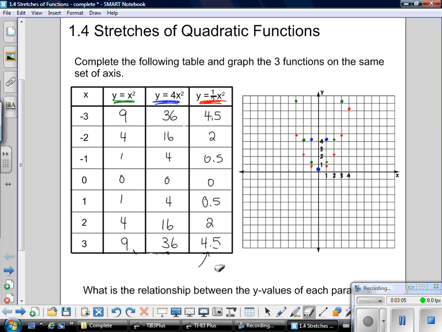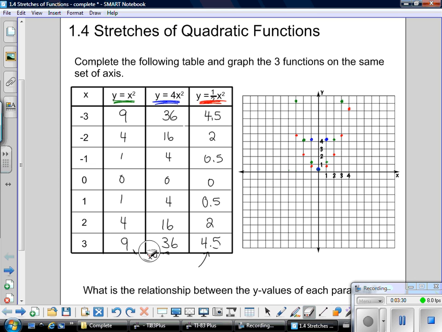Now before we go any further, let's actually look to see what has happened. I want to look for a relationship between my a value and the y values that I have. So here's our most basic parabola. And you can see what happens if I take this 9 and multiply it by something. Oh, look what happens.